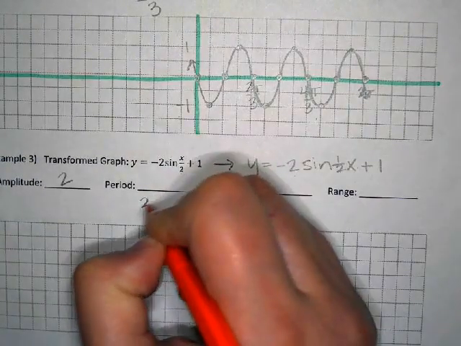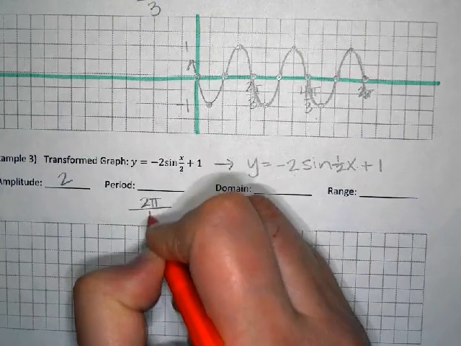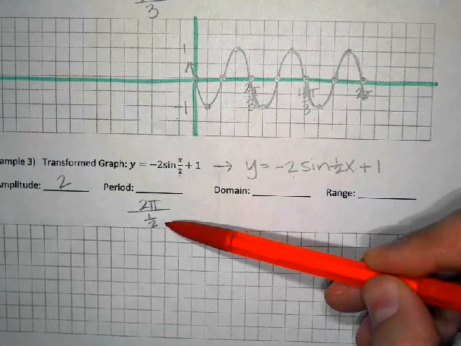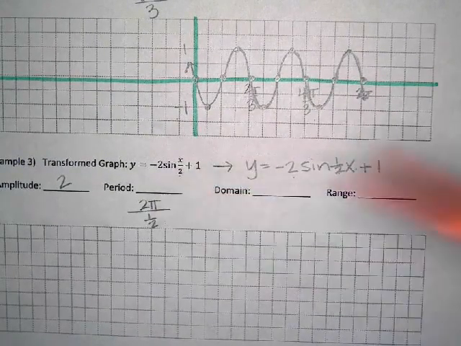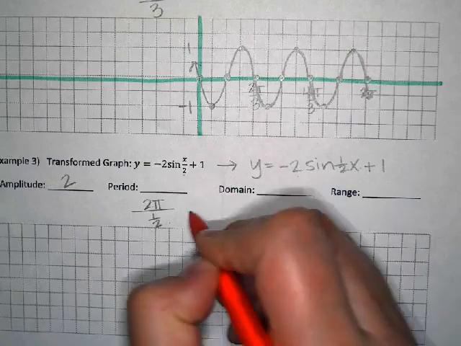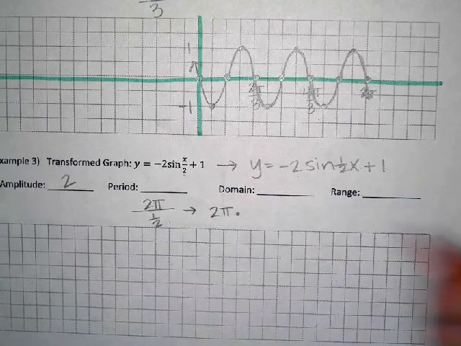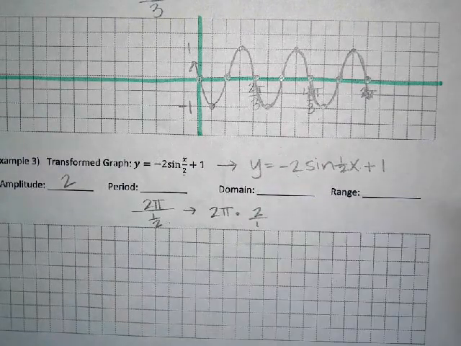How do we divide by a fraction? Keep it, change it, flip it. So I'm going to keep the 2 pi, change it to a multiplication problem, flip the bottom. So 2 pi times 2/1. What is 2 pi times 2/1? 4 pi.